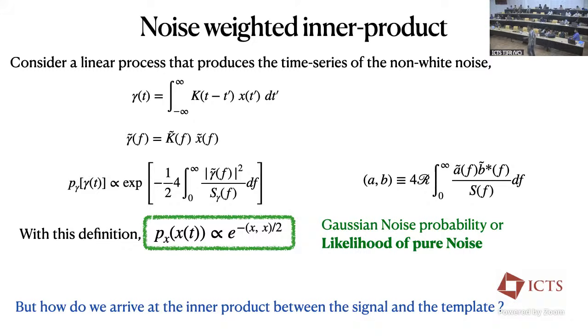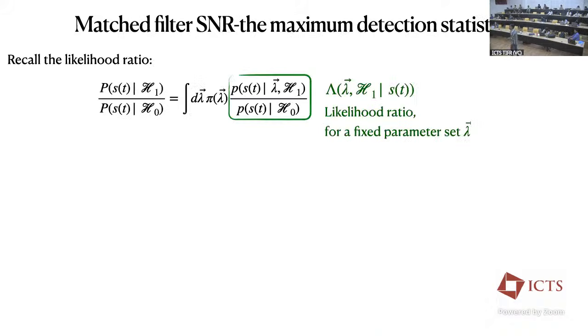So we have an inner product between only the strains, but I have shown you that the matched filter that I derived earlier had the inner product between the data and the template. So how do we arrive there? Hopefully you now recall the likelihood ratio. This was the likelihood of H1 and this was the likelihood of H0.